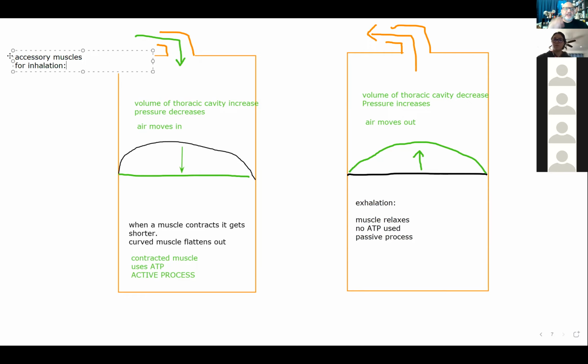So while this is the primary muscle for breathing, we do have accessory muscles for inhalation. And what muscles that we've talked about already in this class would help you to bring the ribs up to help in that inhalation? I can think of at least two more we've already talked about.